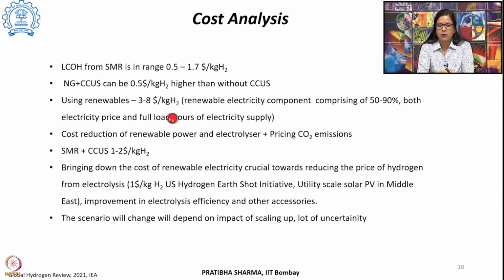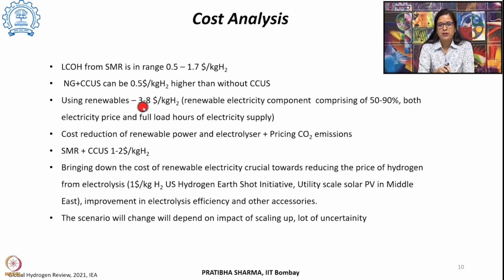Now, there is a requirement of reducing this cost from $3 to $8 so that it can become comparable with the fossil fuel based hydrogen production. This cost reduction can come only when the price of the renewable power or the cost of the electrolyzer comes down, and it is expected that with economies of scale, with more deployment of renewables, the renewable power cost will come down.